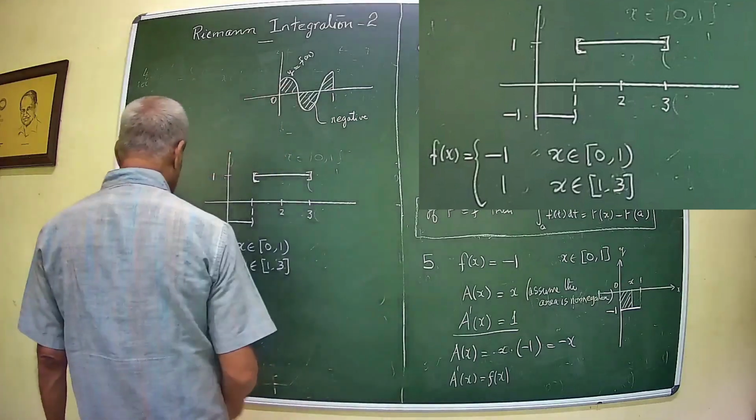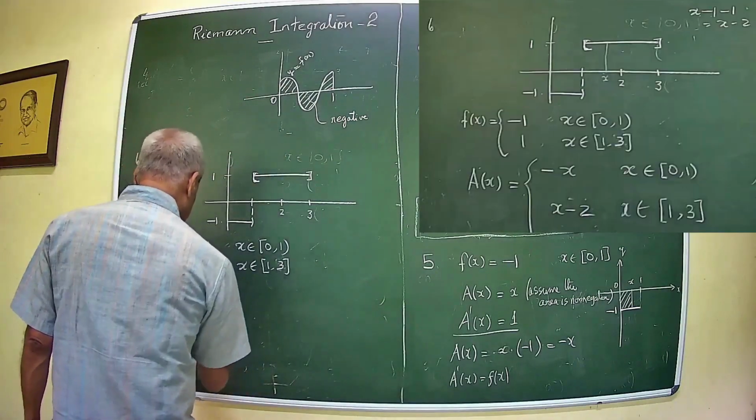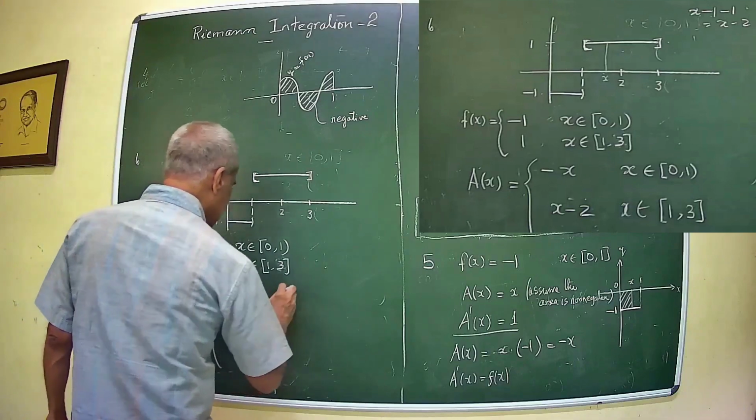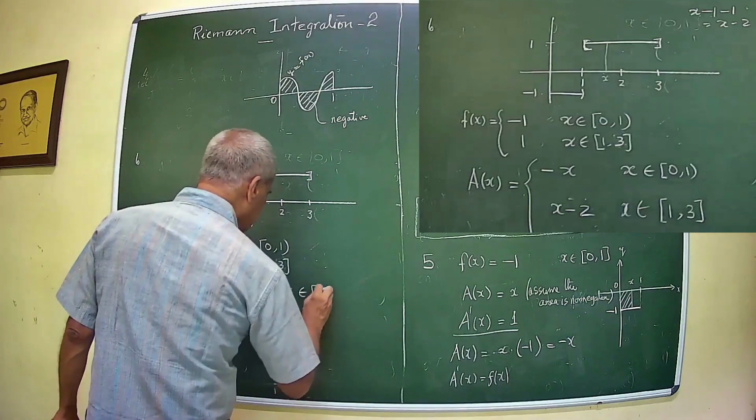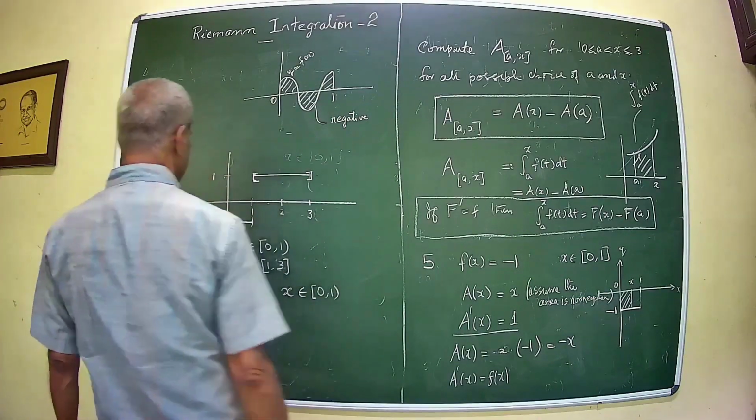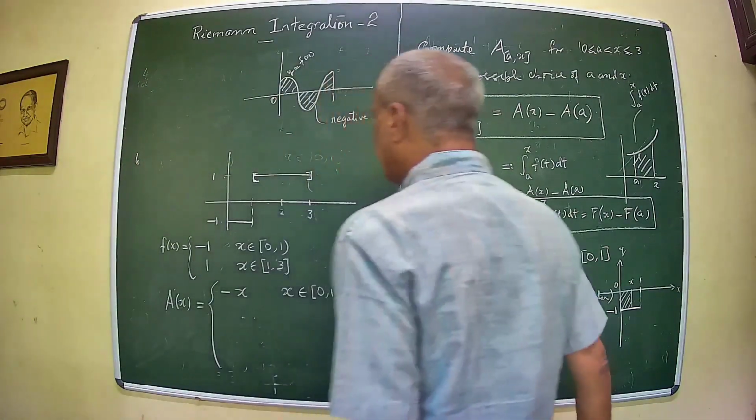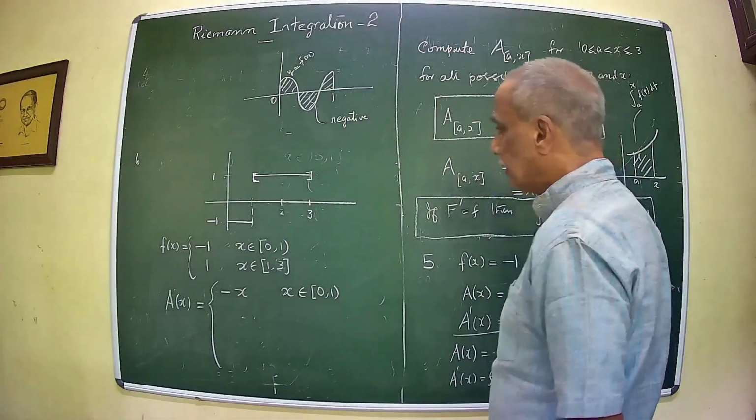So this part is going to be given by minus x, for x belonging to, from 1 to 3, what is that?